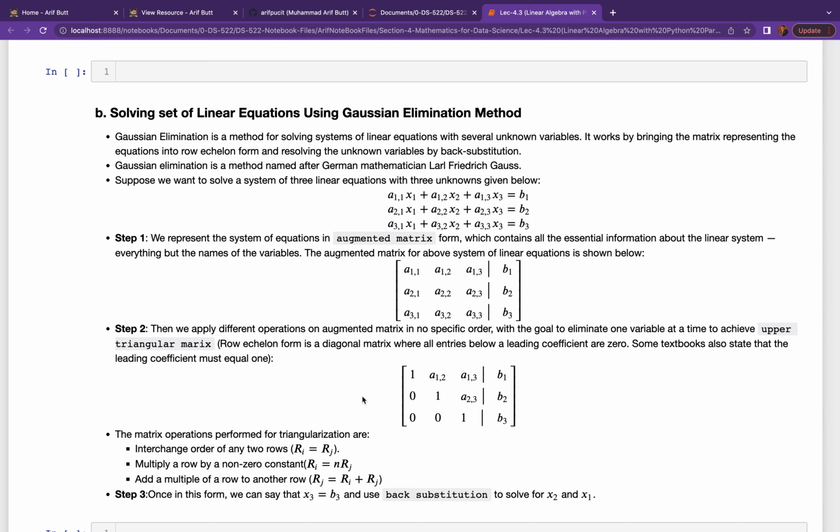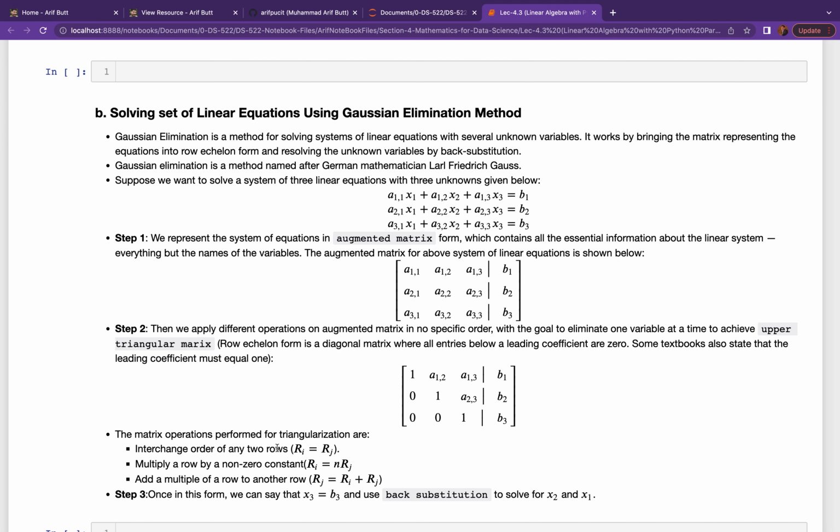Well, in step 2, we apply different operations on the augmented matrix in no specific order to convert it into an upper triangular matrix as shown over here. So this is the upper triangular matrix. This is also called the row echelon form. And to do this, we perform different operations like interchange rows, multiply a row by a non-zero constant, add a multiple of a row to another row.